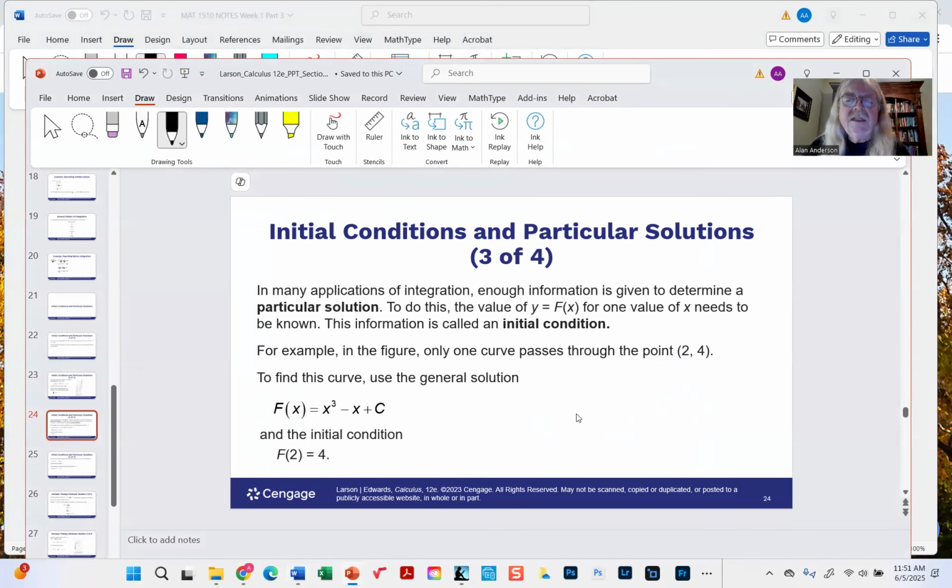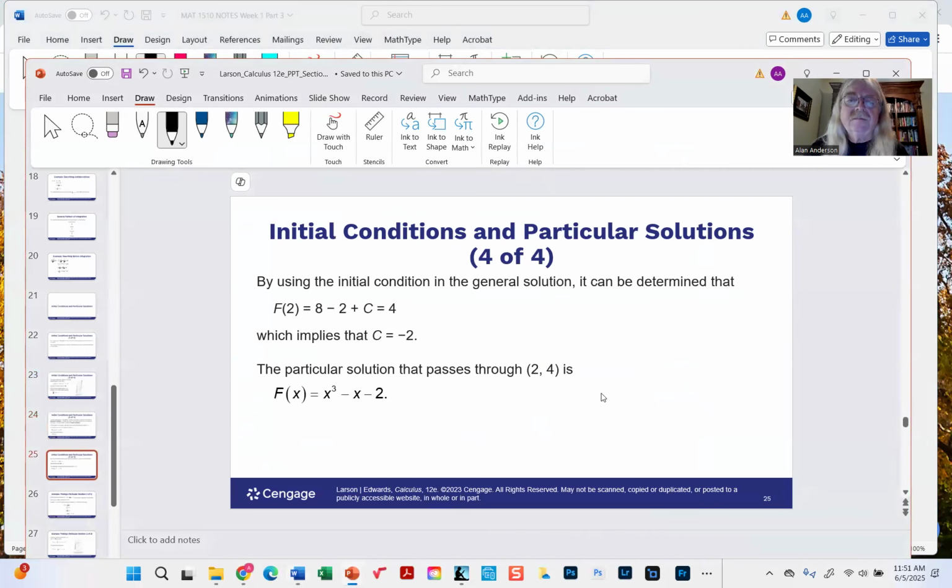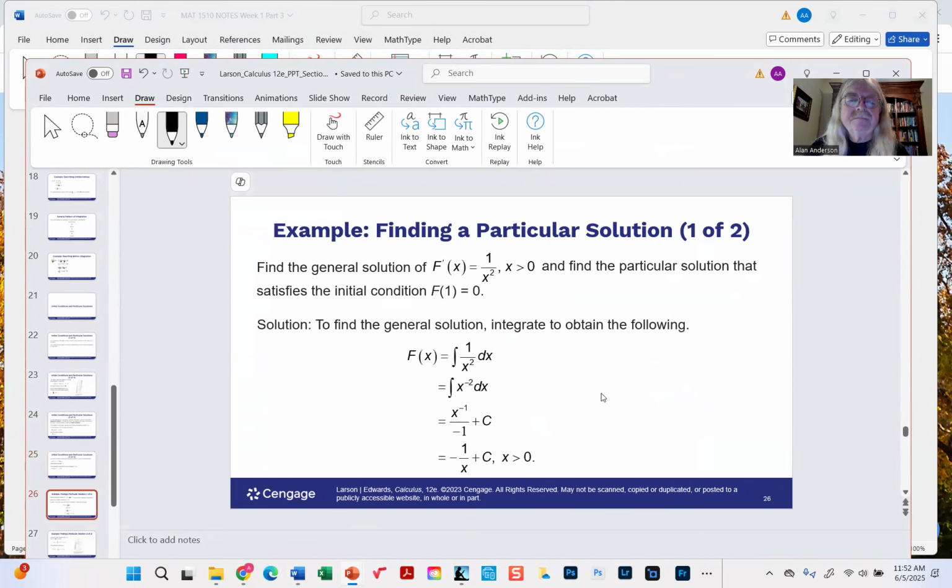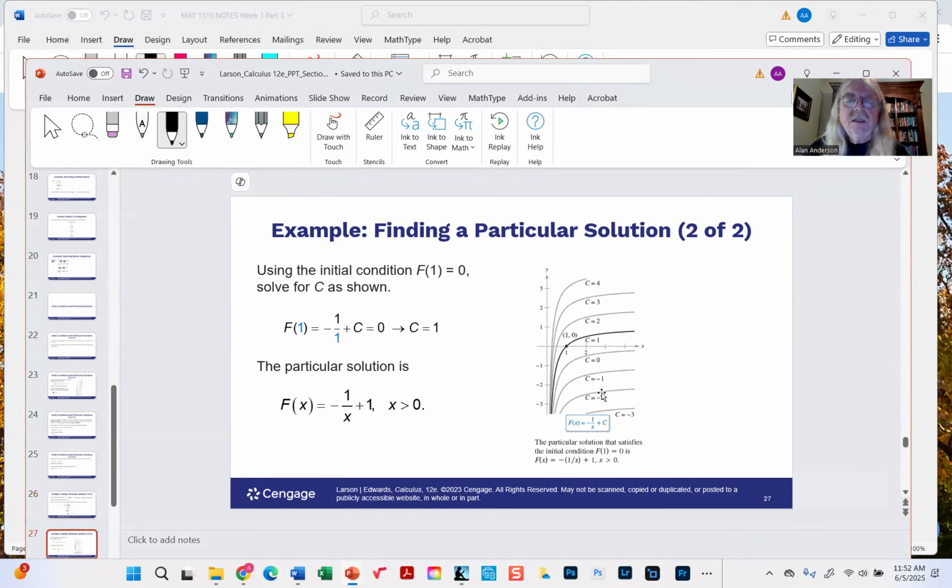All right. Now, this is a little different now because all of a sudden they're telling us that we know for a fact that x equals 2 and y equals 4 are on the function that we're looking for. So let's see, what are they doing here?